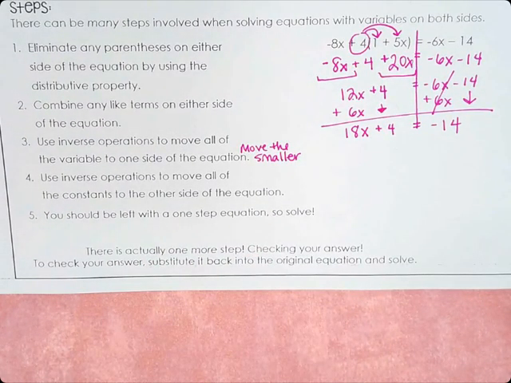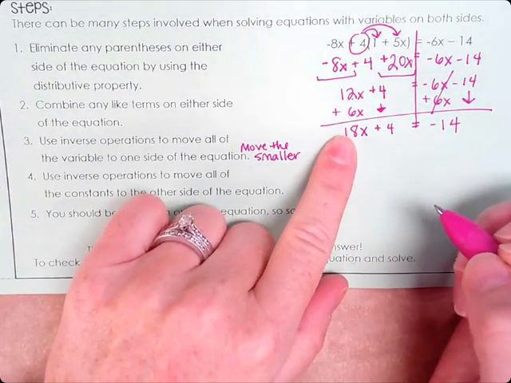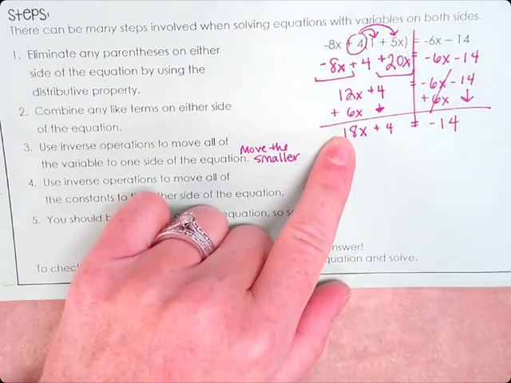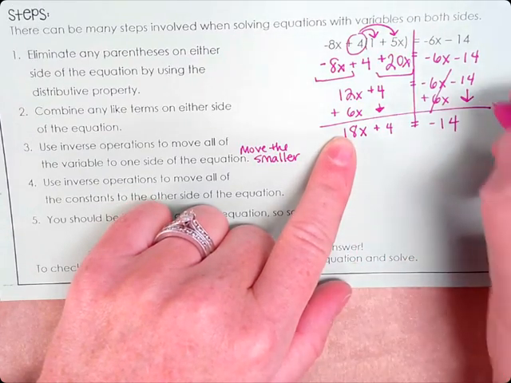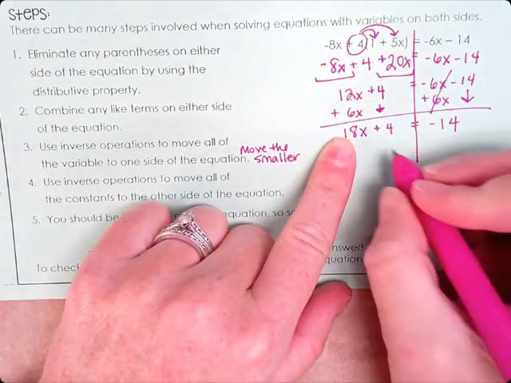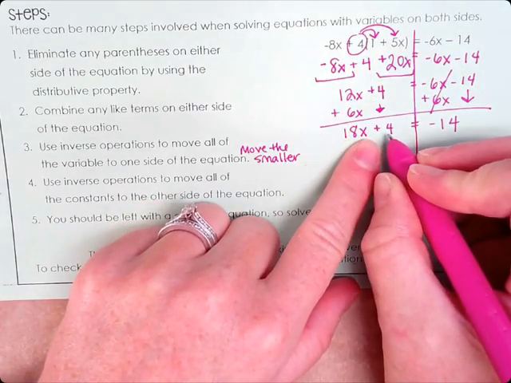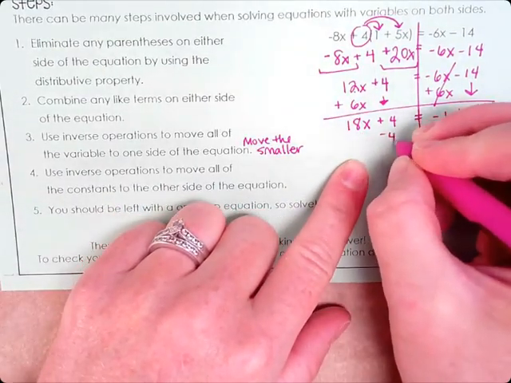And then 4 says use inverse operations to move all the constants to the other side of the equation. So I have all the variables over here. So that means I need to move the constants on the other. So I need to move this positive 4 to the other side by subtracting 4.